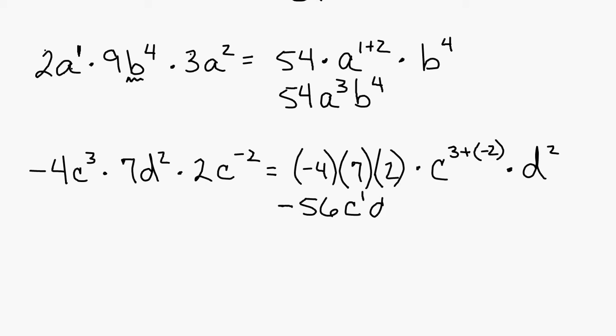And then your d squared. So it will actually look like this: negative 56 cd squared. And that is your simplest form. Does anybody have any questions?